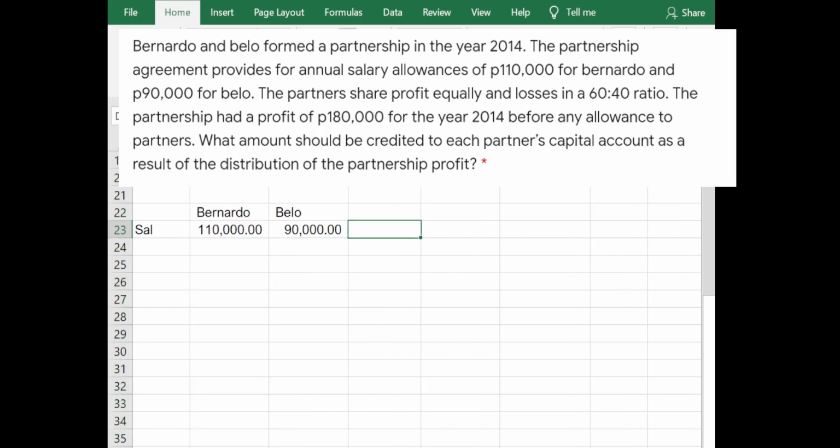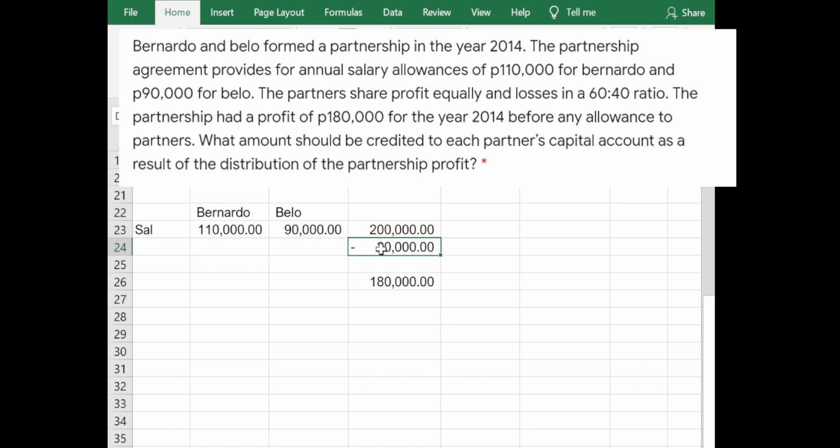The total of this is 200,000, which is greater than their profit of 180,000. So that means we have to deduct 20,000. Because when we deduct this, our answer is 180,000.